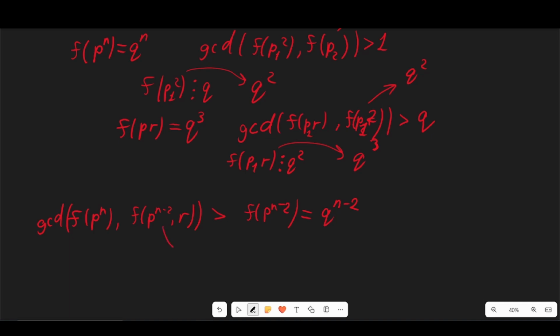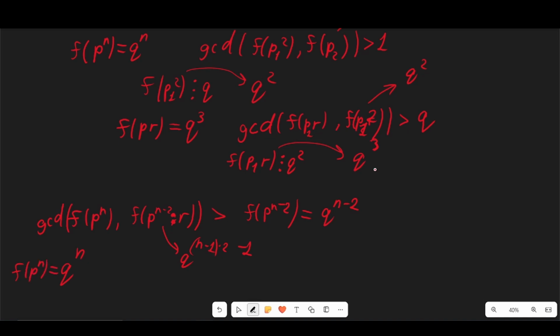So clearly we know that this number is q to the n minus 1 times 2 minus 1 because of induction. And f of p to the n must also be a multiple of q. And this number must have exactly n divisors. So this is also q to the n. So we have proved that f of p to the n is q to the n.